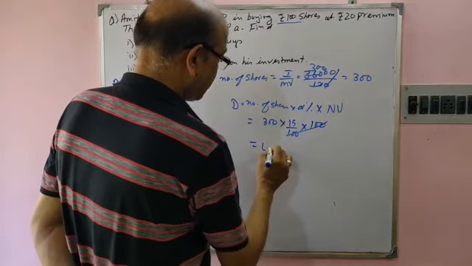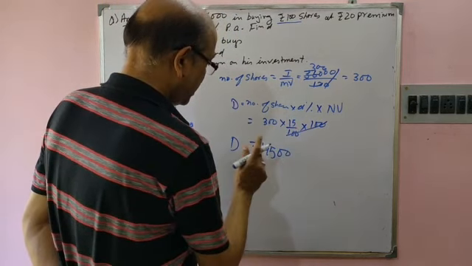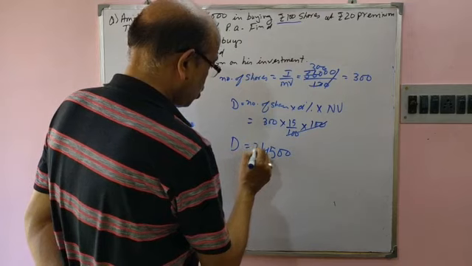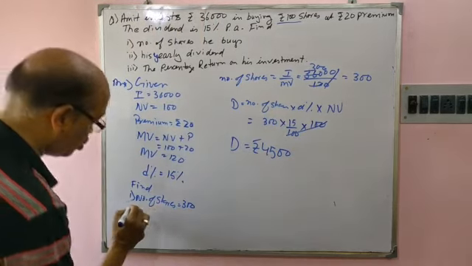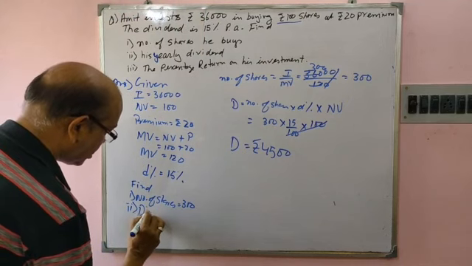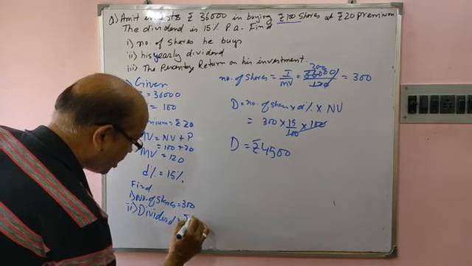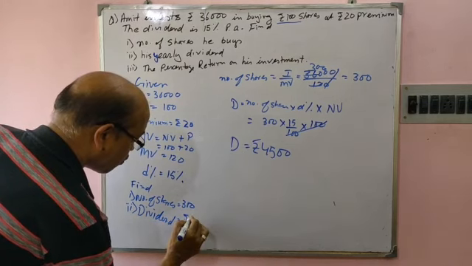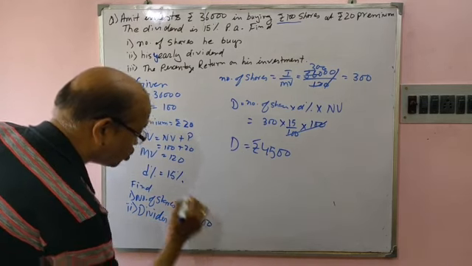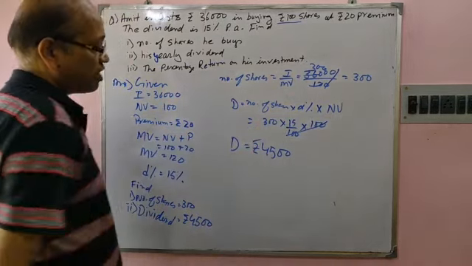So dividend is 15 threes are 45, 4500. Therefore, dividend is equal to rupees 4500. Now, the percentage return on his investment.